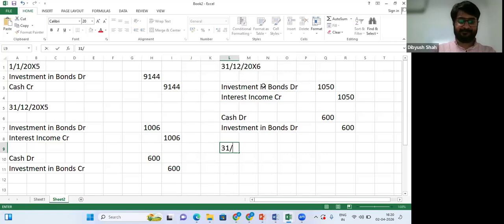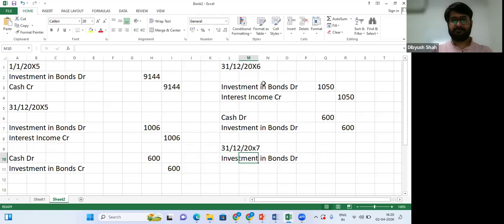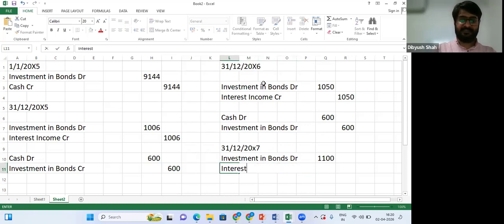And last year, first, of course, investment. Here, three entries will be passed. Investment in bonds debit 1,100. Sorry, interest income. This is the income that will be reported in your P&L, 1,100.